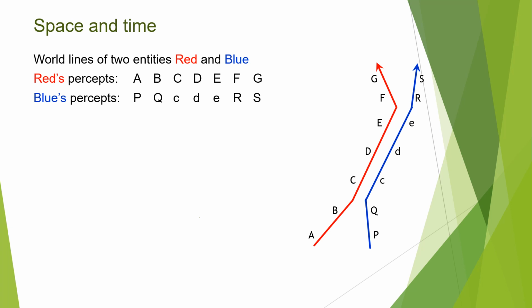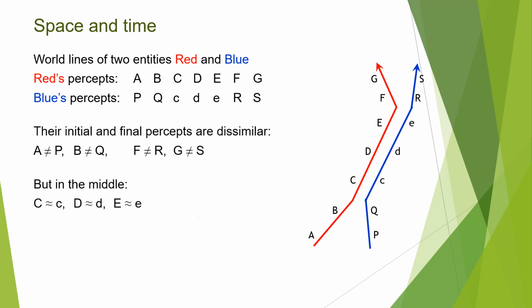Time is going up the page. Red successive percepts are A, B, C, D, E, F, G, and blue successive percepts are P, Q, C, D, E, R, S. Their initial percepts are dissimilar.